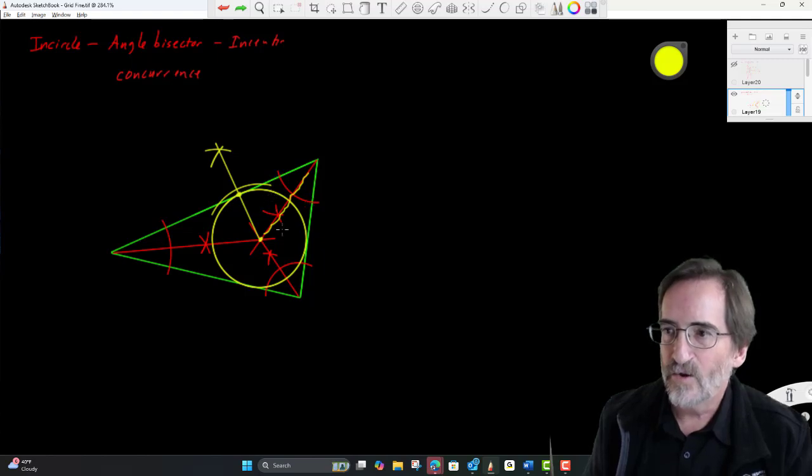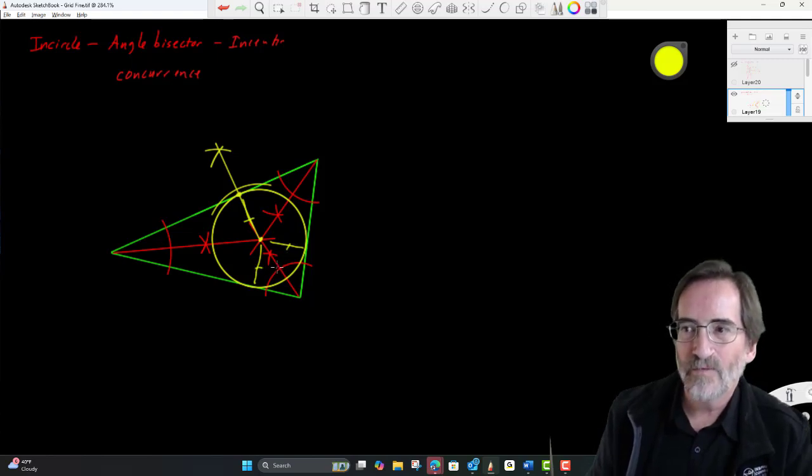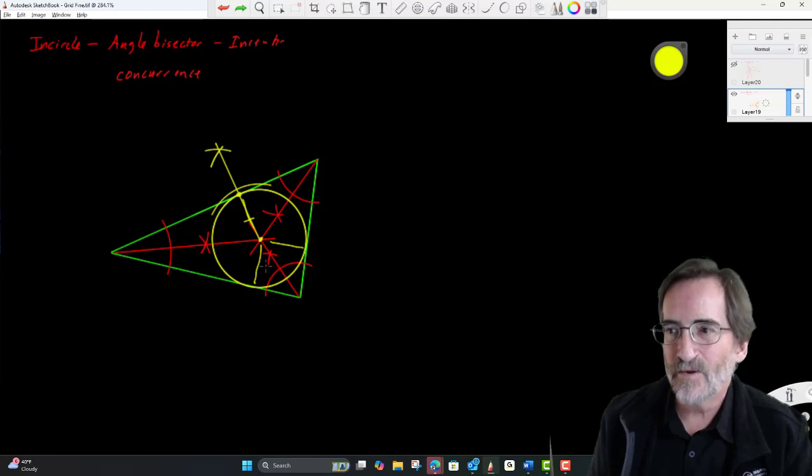And all the points on this angle bisector are equidistant from the sides. Therefore, where they intersect is the one point that is equidistant from all three sides simultaneously. And so we can draw a circle because a circle is a shape in which all points are equidistant from one. Okay? So that's kind of the reasoning and the argument as to why it works.